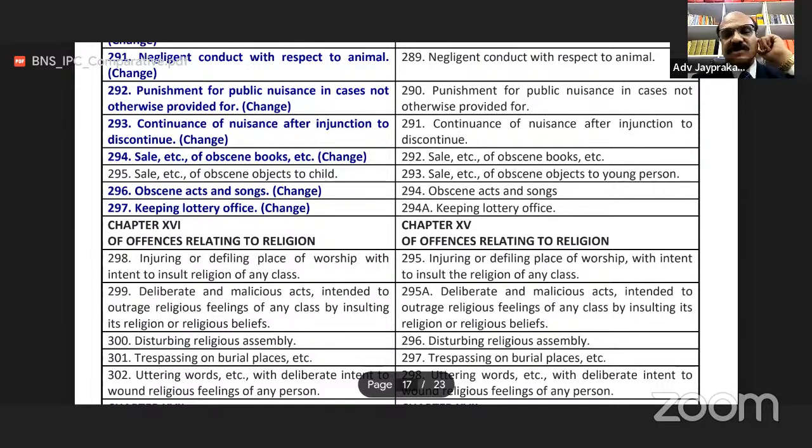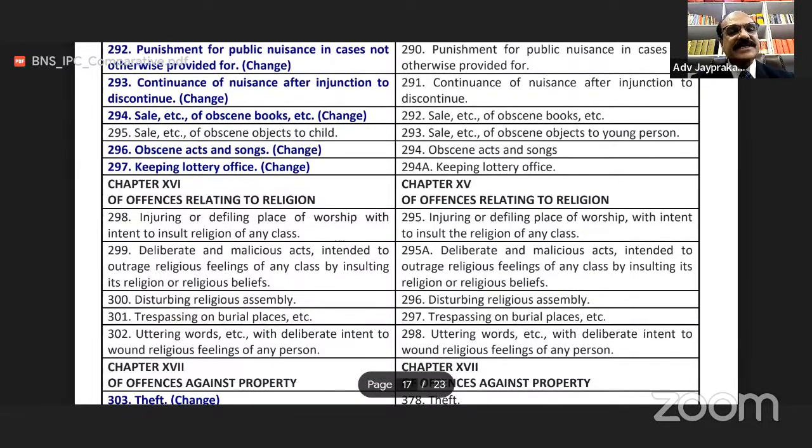Its earlier section was in IPC 291. BNS section 294, sale, etc., of obscene books, etc. Its corresponding section was in IPC 292.